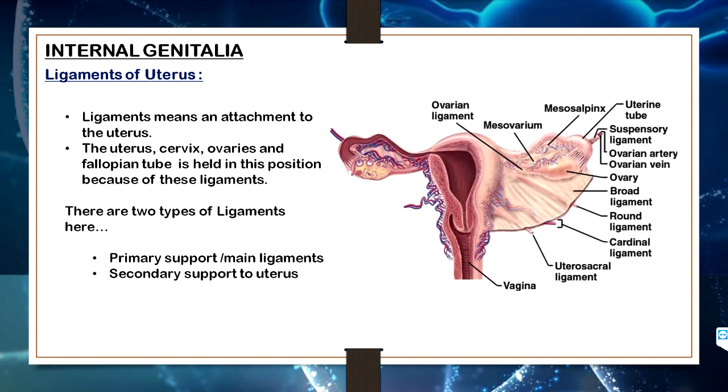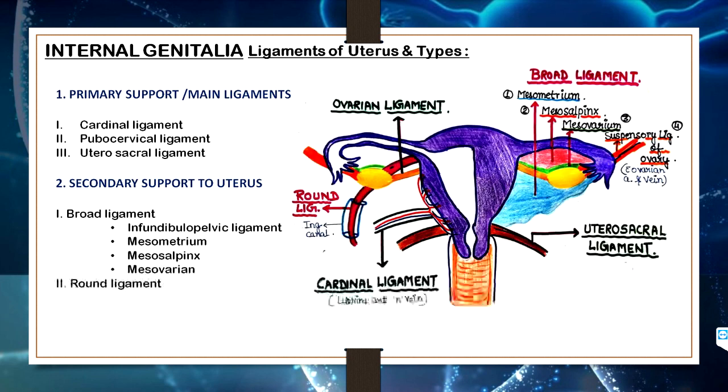Ligaments are of two types: primary support, or the main ligaments, and secondary support of the uterus. There are three main primary ligaments which support the uterus. First is the cardinal ligament, second is the pubocervical ligament, third is the uterocervical ligament.